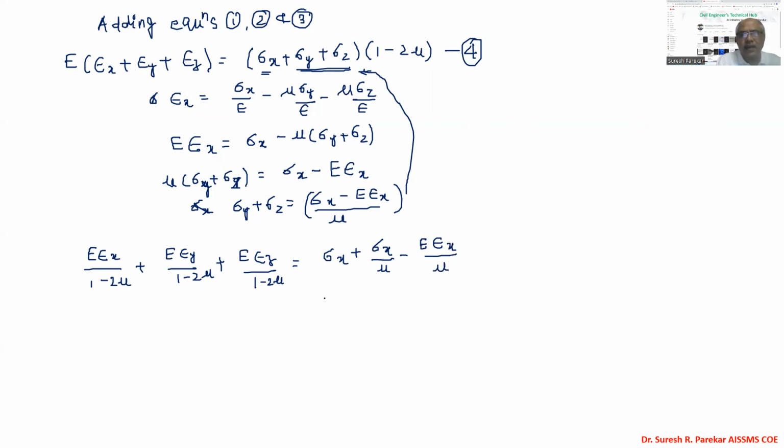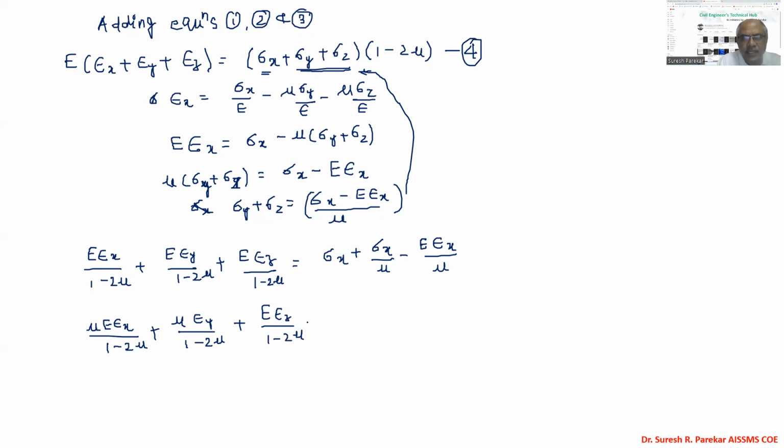Now I will rearrange the terms, and I will take mu as the denominator, and from this we will get mu E epsilon x upon 1 minus 2 mu plus mu E epsilon y upon 1 minus 2 mu plus mu E epsilon z upon 1 minus 2 mu.